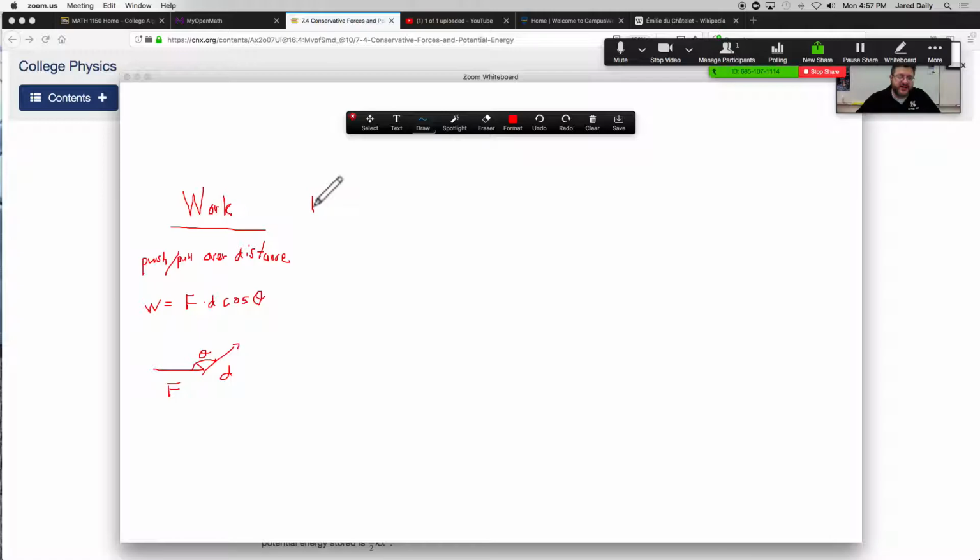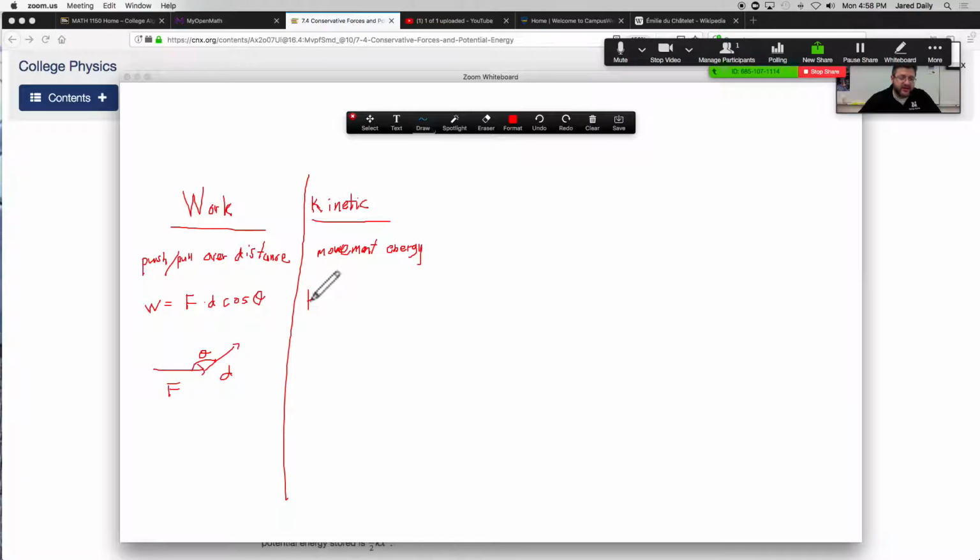We have the second kind of energy, which is kinetic. Kinetic energy is movement energy. Anything that is moving has kinetic energy associated with it.